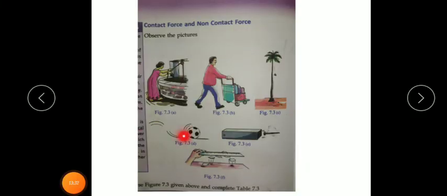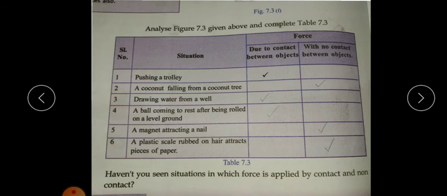So what is the reason? Because this ball is experiencing a kind of frictional force from this surface. So this is a contact force, because it is in contact with another surface. So mark a tick here.